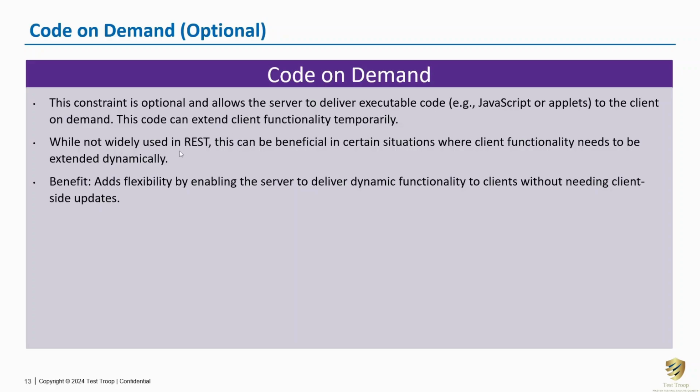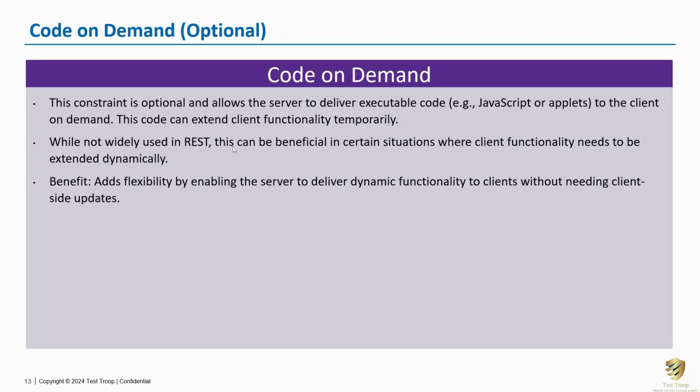While not widely used in REST, this can be beneficial in certain situations where the client functionality needs to be enhanced dynamically. The benefit is added flexibility by enabling the server to deliver dynamic functionality to the client without needing client side updates.